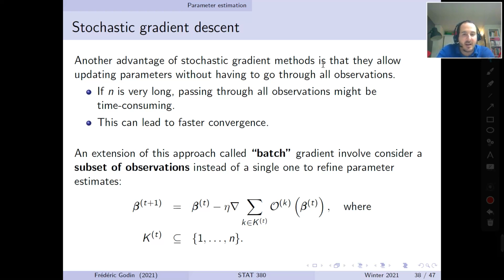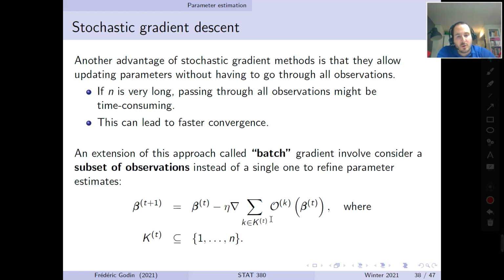And the idea here in batch stochastic gradient descent is to use the following update rule, where the next set of parameters in your iteration is the previous set minus the learning rate times the gradient.